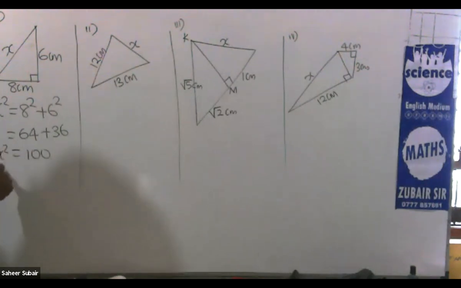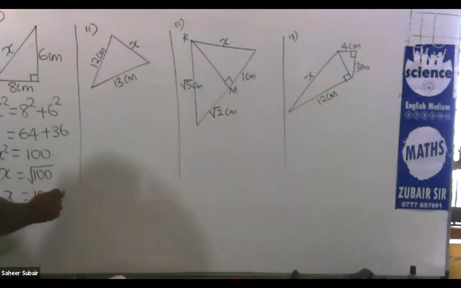Then x squared is 100, so x is equal to square root of 100. Then x is 10 centimeters.